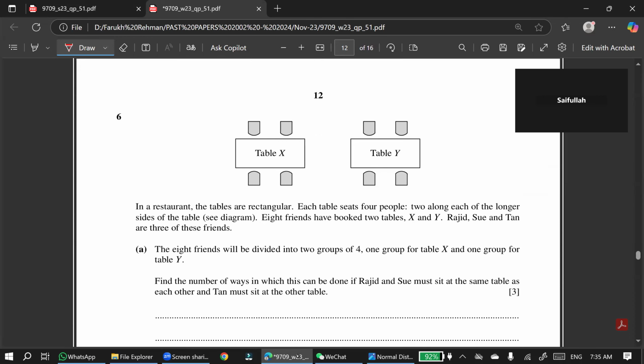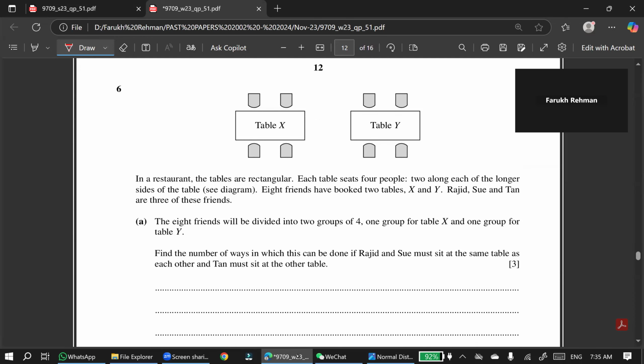Question number 6. In a restaurant, the tables are rectangular. Each table seats 4 people, two along each of the longer sides of the table. 8 friends have booked 2 tables, X and Y. Rajit, Sui, and Tan are 3 of the friends.